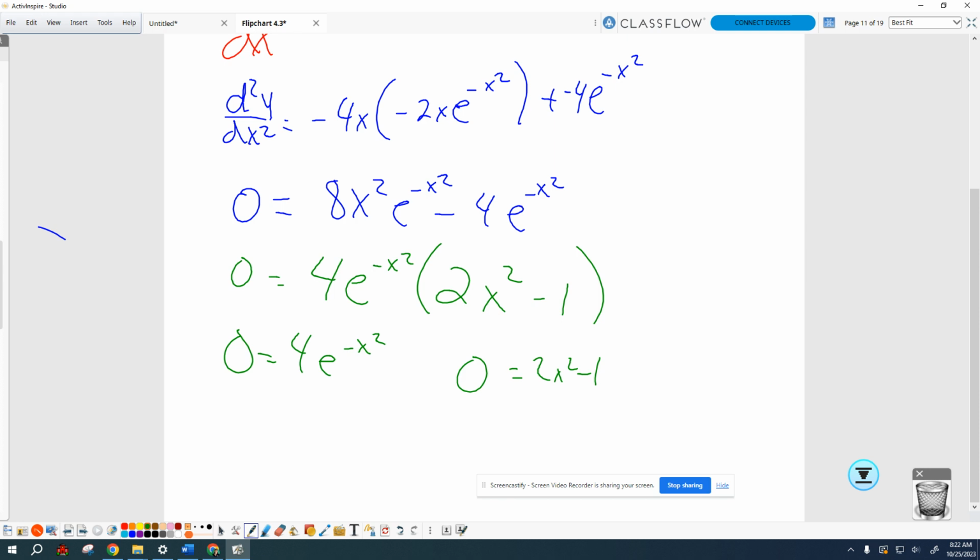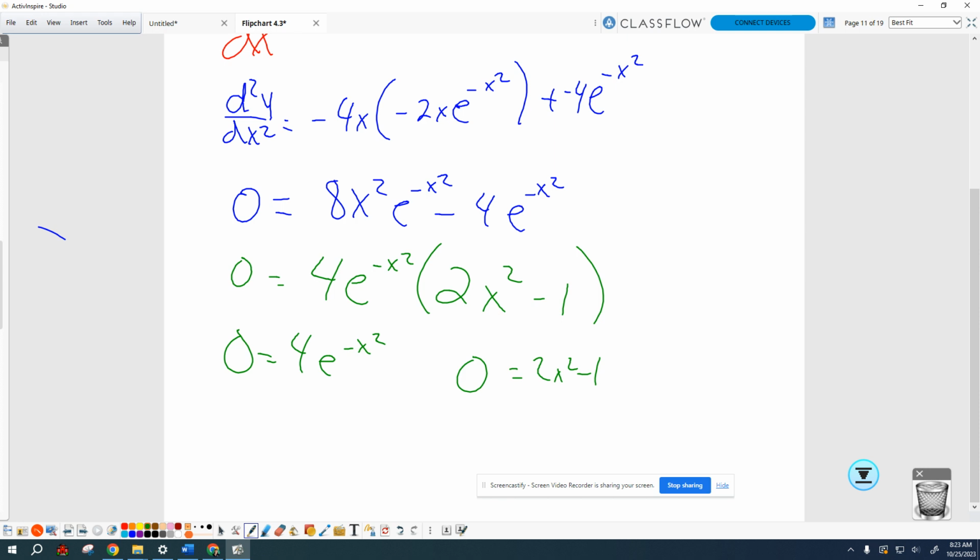Camden, when is 4e to the negative x squared 0? At 0. 0 squared is 0, e to the 0 is 1. Okay, e to the negative 10 is 1 over e to the 10.